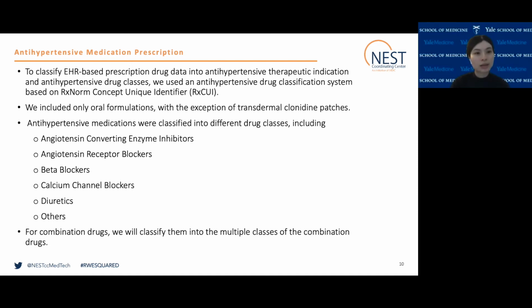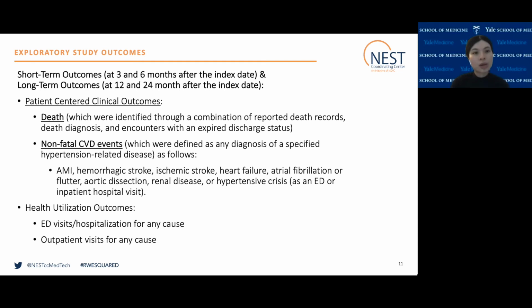Next slide, please. In Aim 3, we look at different outcomes as an exploratory analysis. Specifically, we look at short-term outcomes at 3 and 6 months, and long-term outcomes at 12 and 24 months. For clinical outcomes, we include death, which is identified through a combination of death records, death diagnoses, and encounters with an expired discharge status.